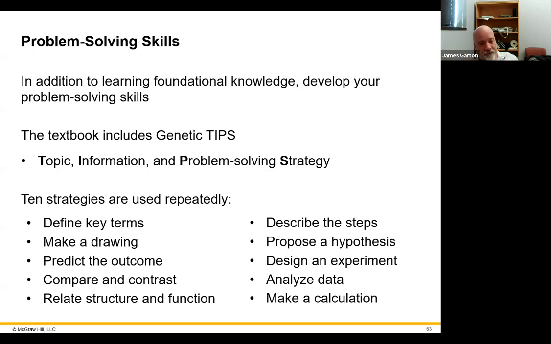Compare things together. Realize that structure and function are related. Make these hypotheses, design an experiment, learn how to basically analyze data. And we use some very, very rudimentary calculation skills.